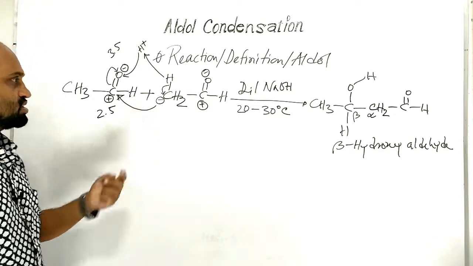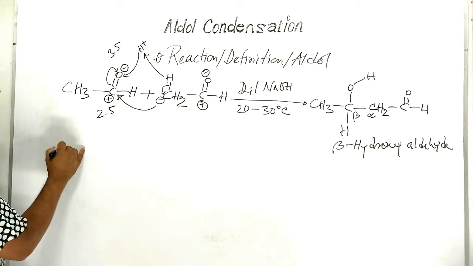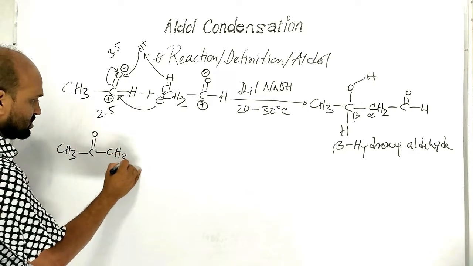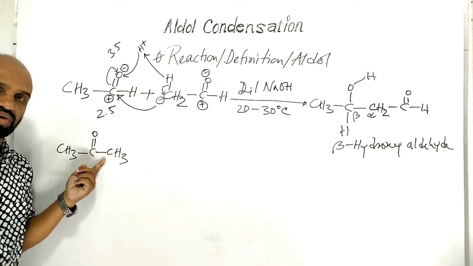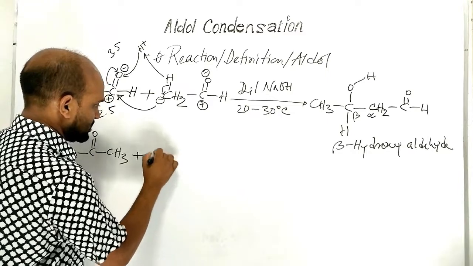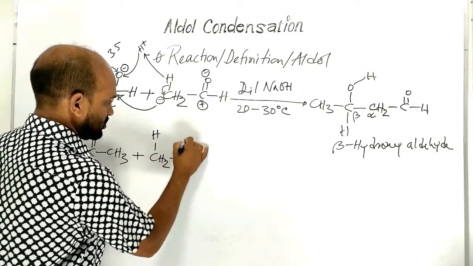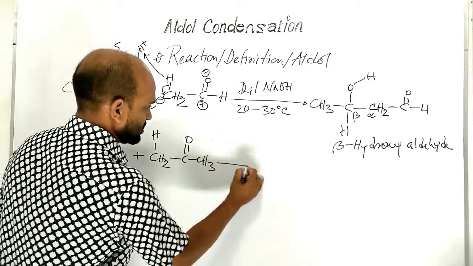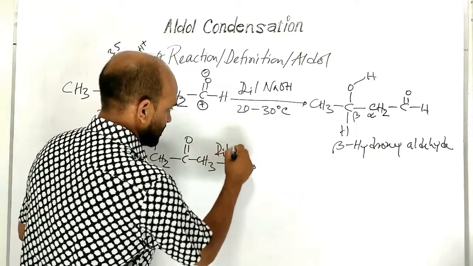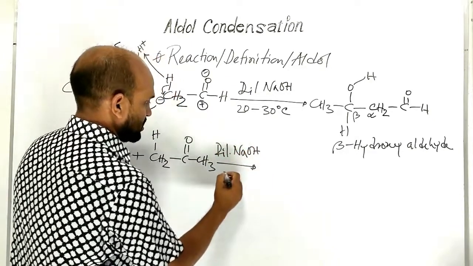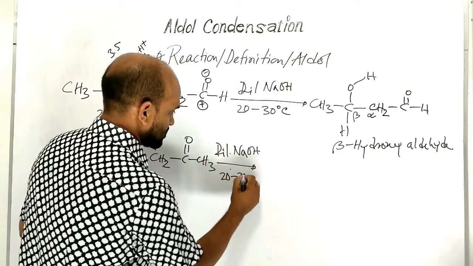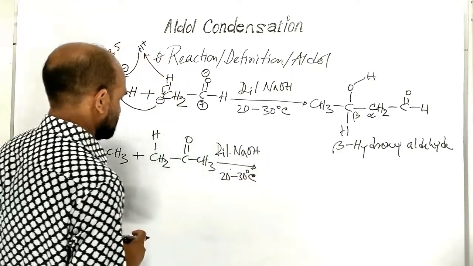Now let's write the reaction of ketone: CH3COCH3, that is propanone or acetone, treated with dilute alkali, sodium hydroxide, and the reaction is carried out at 20 to 30 degrees Celsius temperature.